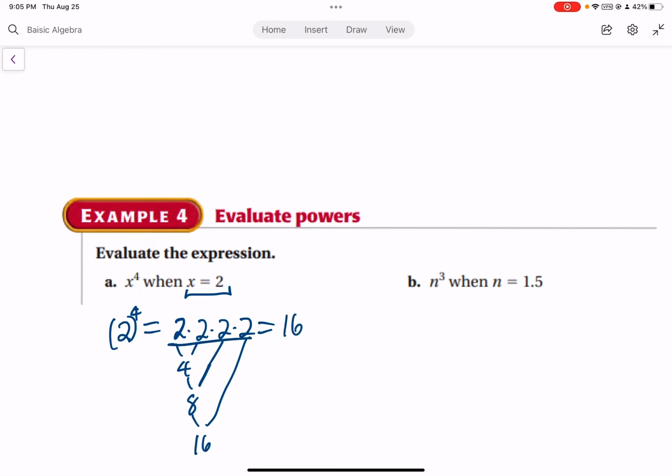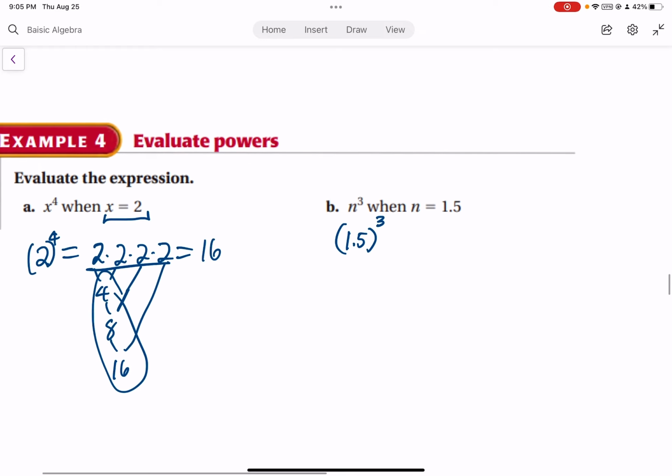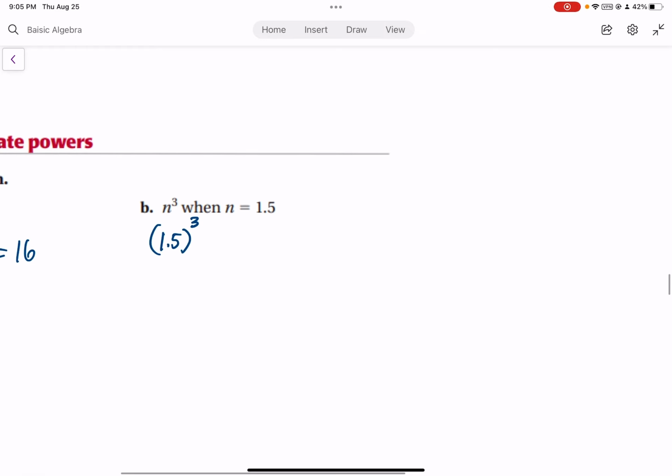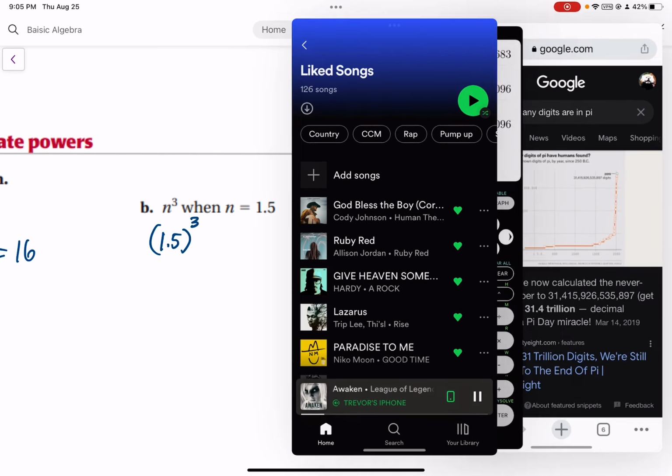You can just come straight across, but I wanted to show you what I was really doing. Okay? On letter B here, we have n is 1.5. So that means we have 1.5 raised to the 3rd power. Now, I may be a math teacher, but I am not a complete math whiz.